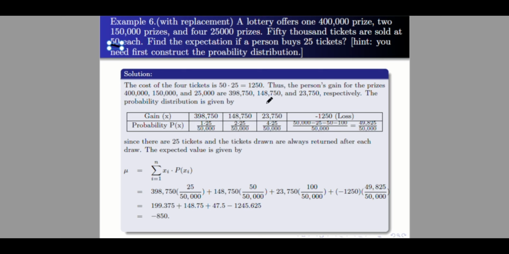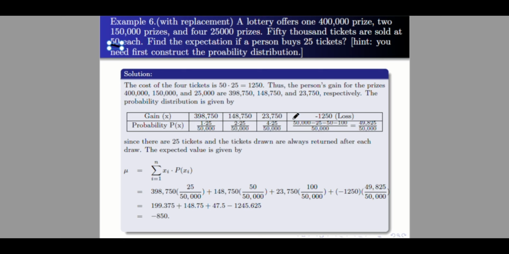For the second part, we have 2 because you have 2 chances, as there are 2 prizes. So 2 times 25. For the 25,000 prize, there are 4 winners, so you have 4 chances. So multiply it to your 25 tickets. So you have now 4 times 25 chances. Okay, so this is 25, this is 50, and this is 100.